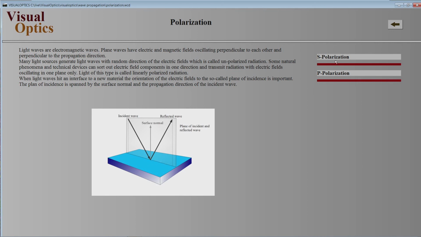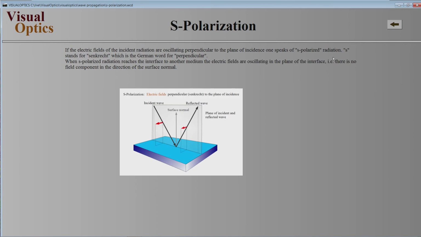And we can see that in these two sketches. If we take a look at electric fields which are perpendicular to this plane of incidence, where the incident wave, the surface normal, and the reflected wave span up a plane, the plane of incidence, and if the electric field is perpendicular, we call this S polarization.